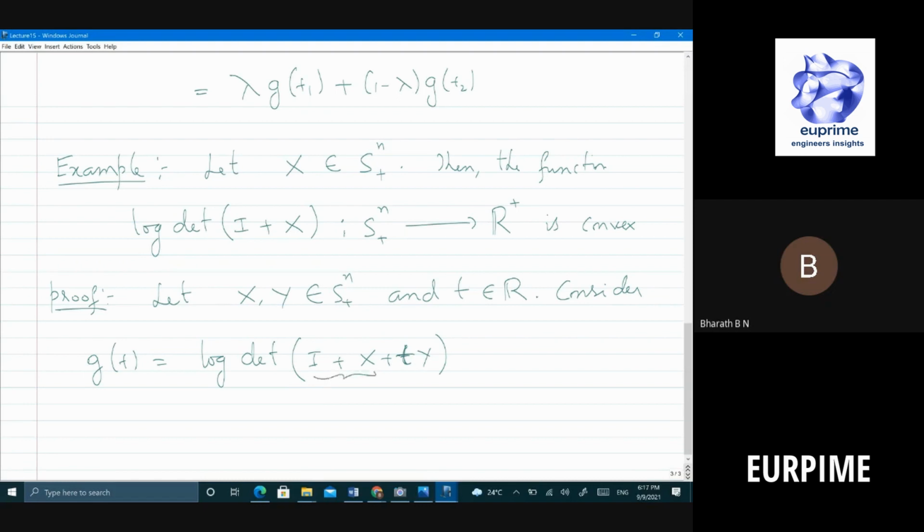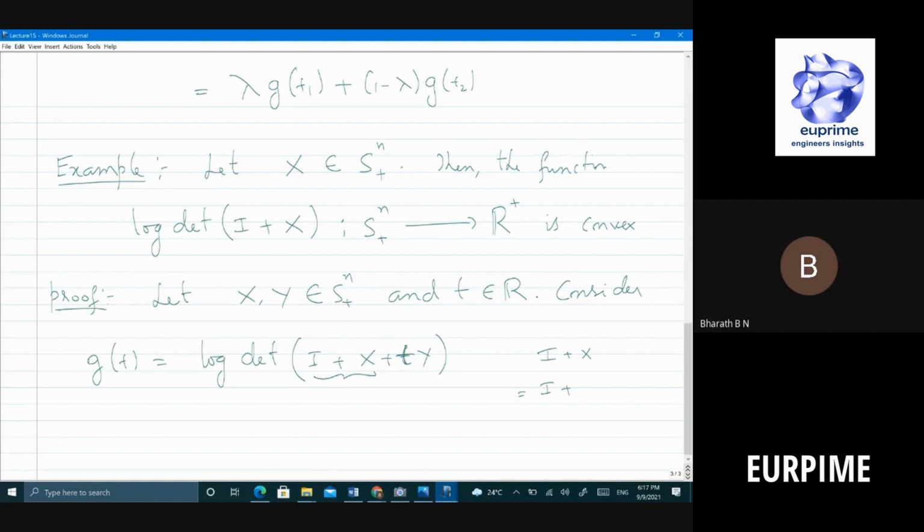I'll take I plus x outside. Identity plus x is always invertible. Why? Can somebody prove that identity plus x is invertible? What kind of matrix is x? X is positive semi-definite and symmetric. The moment I say that, what comes to your mind?